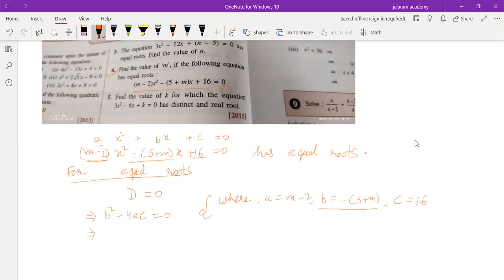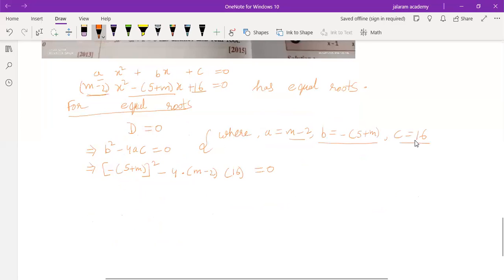So b is minus 5 plus m whole square, b square minus 4 into a, m minus 2, into c, 16 equals 0. It implies minus 5 plus m whole square, that is 5 plus m whole square, minus 16 fours are 64 into m minus 2 equals 0.